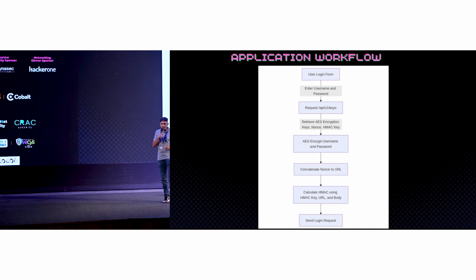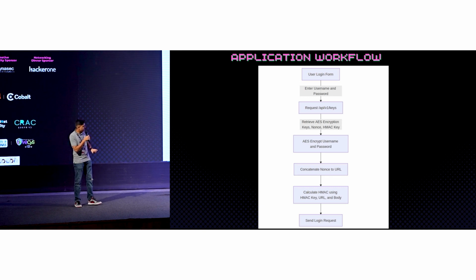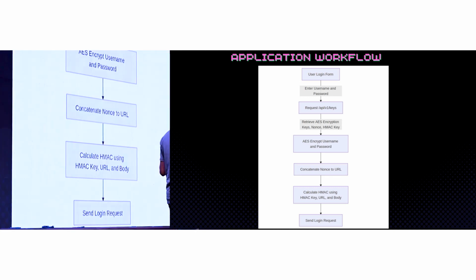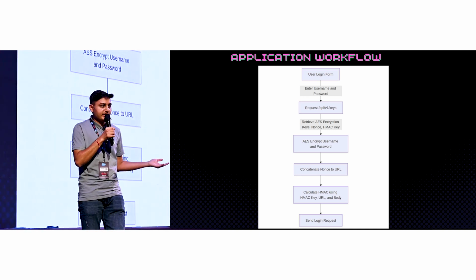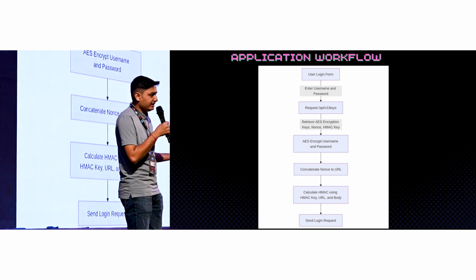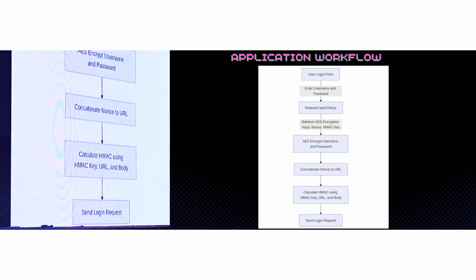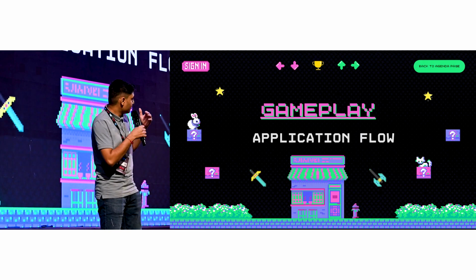It was retrieving the nonce, the AES secret key, and the HMAC key, and then it was encrypting the username and password. After that, it was concatenating the nonce to the URL, and then calculating HMAC using the HMAC key, the URL, and the request body, and then it was sending the whole request. So that is why the request that we saw previously was totally encrypted.